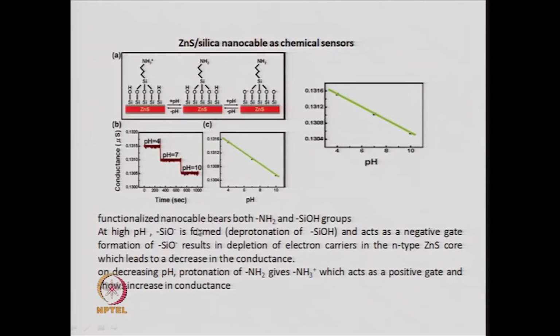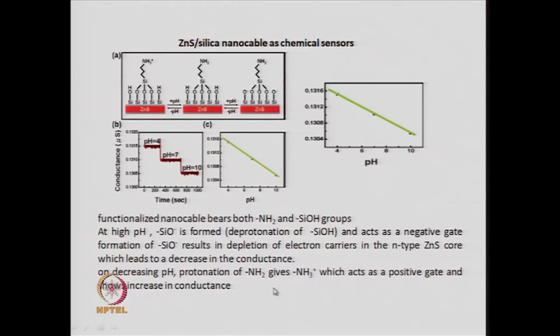So, functionalized nano cables. You have functionalized this core shell structure of zinc sulphide and silica, and you have these kind of SiO minus groups at higher pH, and NH2 groups are having NH3 plus.